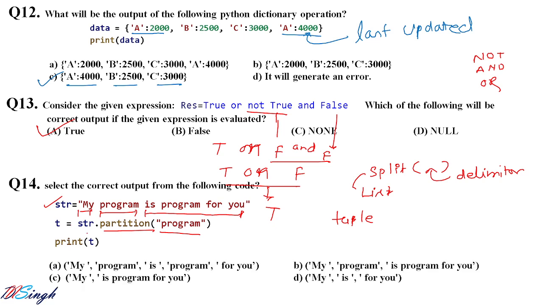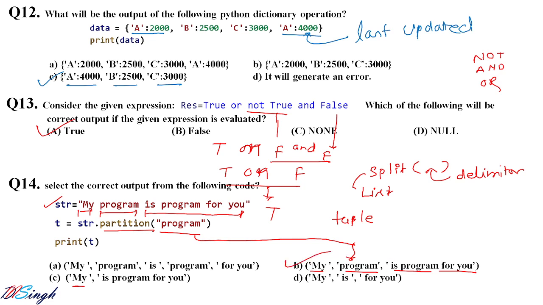If you see the output, first of all it is a tuple. 'my' is one of the elements, then 'is' is another element, and then 'program for you' is another element. So it has created three parts, one before the substring you provided in the partition function, the substring itself, and one after it. Option B is correct.